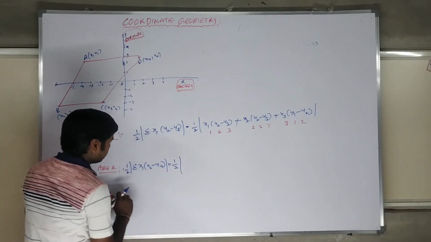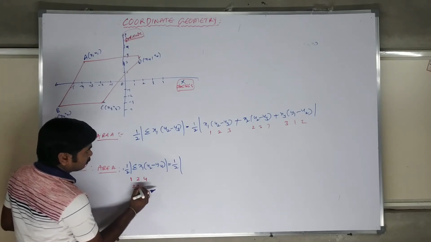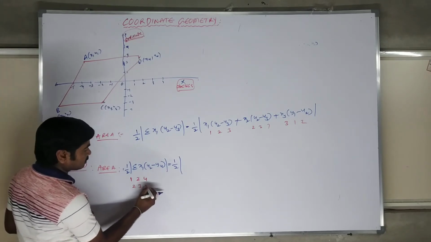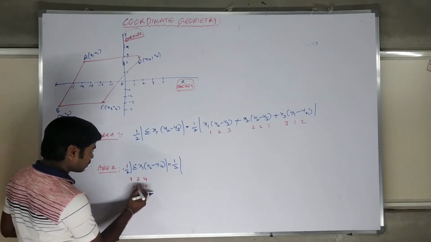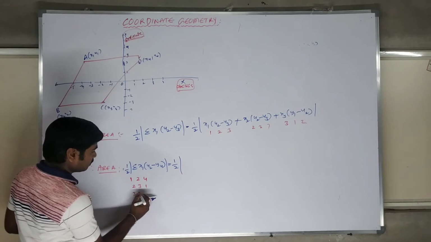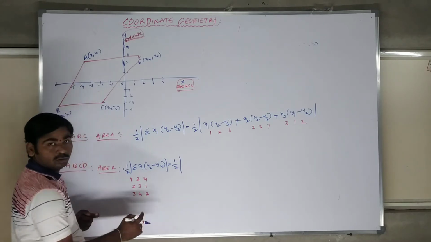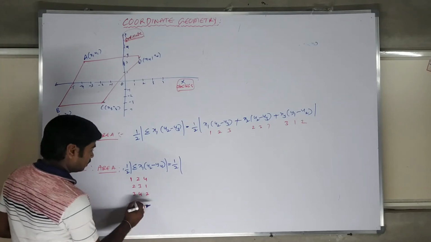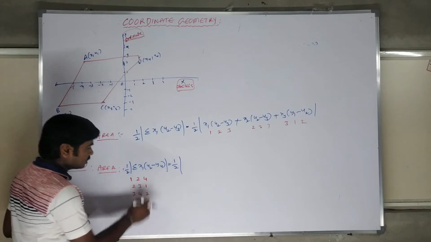With 1, 2, 3, the 4 comes. And with 2, 3, 4, the 1 will come. Then with 3, 4, 1, the 2 will come. Next with 4, 1, 2, the 3 will come. This is the way you can write it.